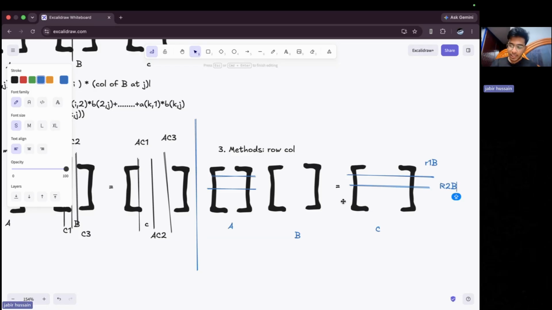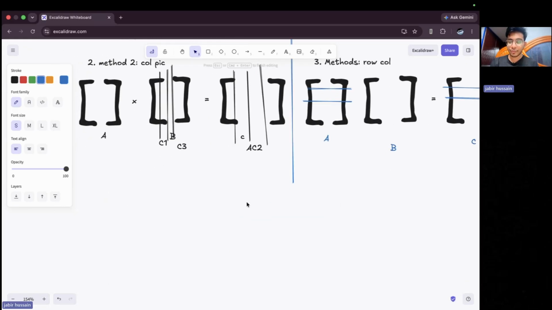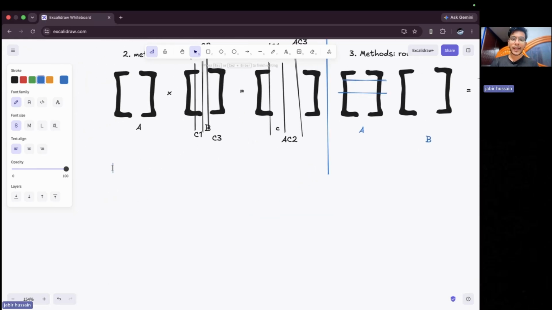Now the fourth way of looking at matrix multiplication, let me take black ink again, is column cross row. In column cross row, I have examples here.